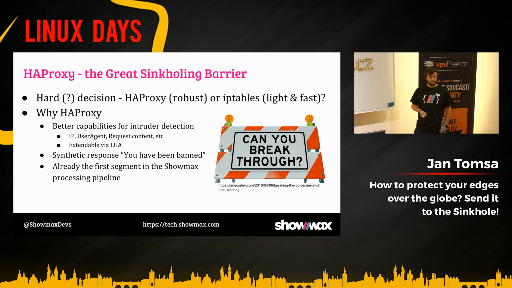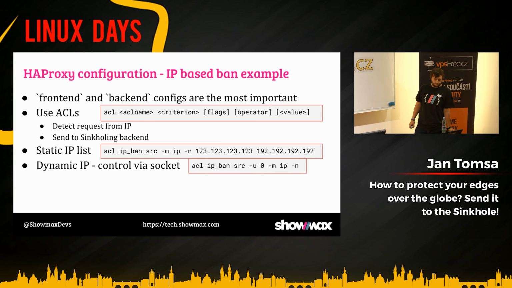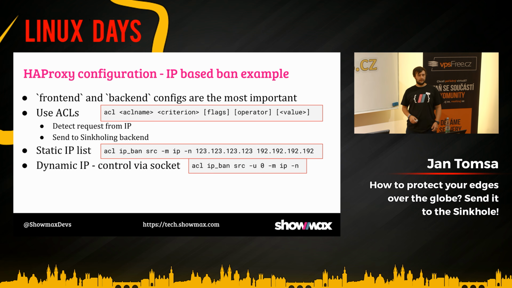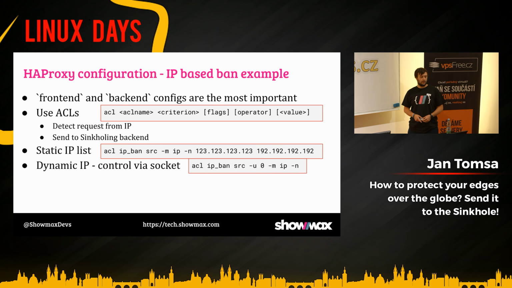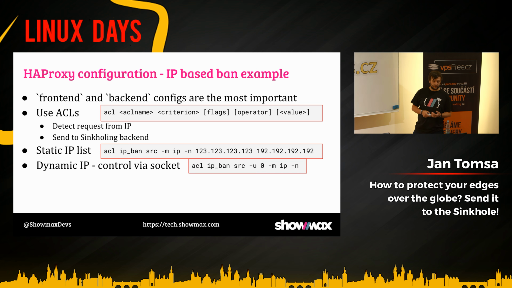It also lets us send back a synthetic response telling the users what actually happened. Another plus is that we already use it in Showmax, so we won't add any more tooling.